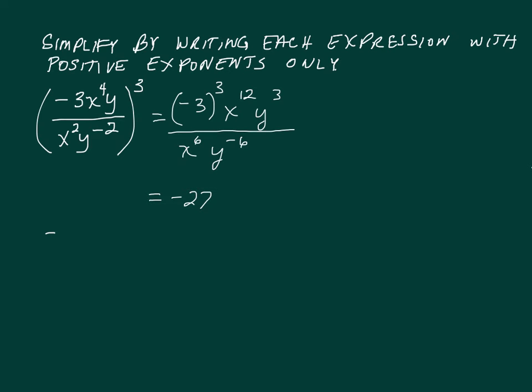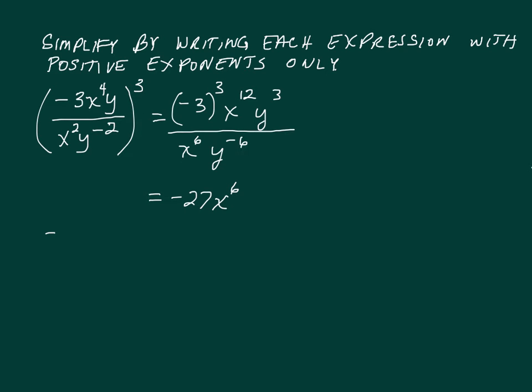Notice there's an x to the 6th right here and x to the 12th here. We can use the quotient rule there, and we end up with x to the 6th in the top. Now, the y to the -6 here can move to the top as well. The y to the third up there is already a positive exponent, so we leave that one alone.